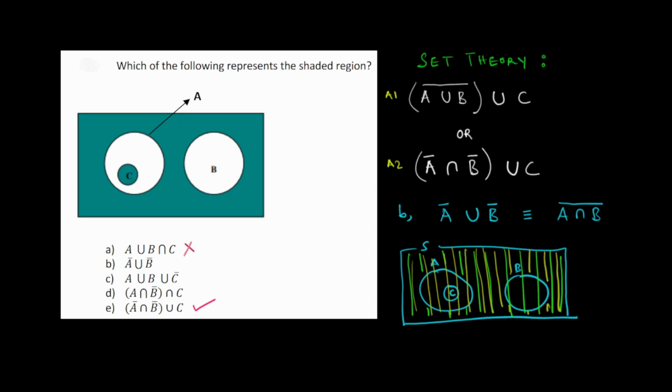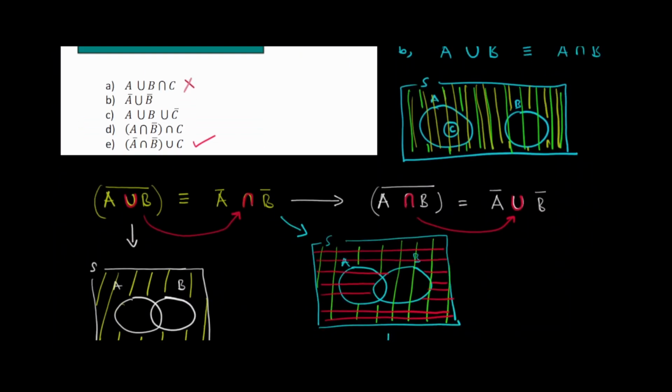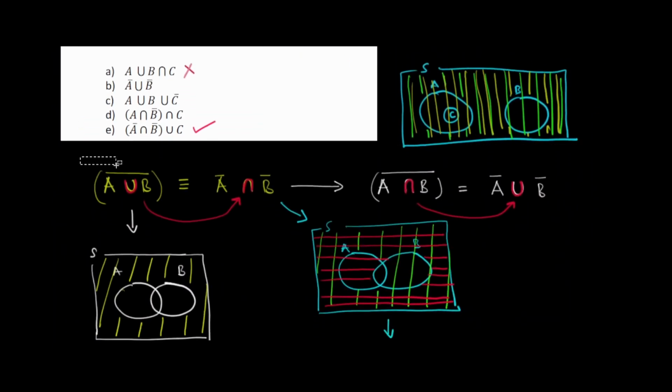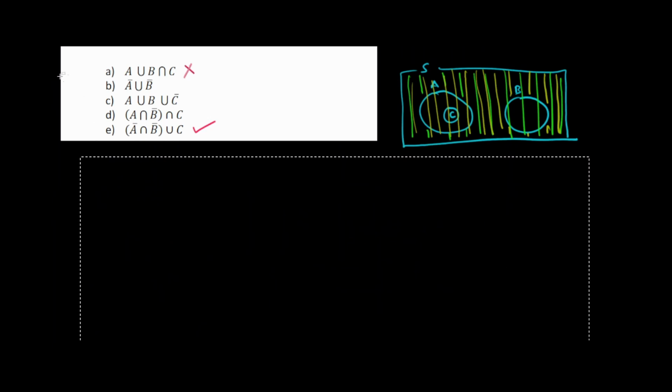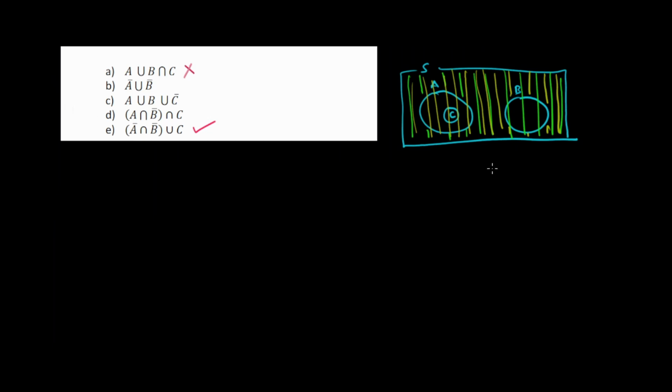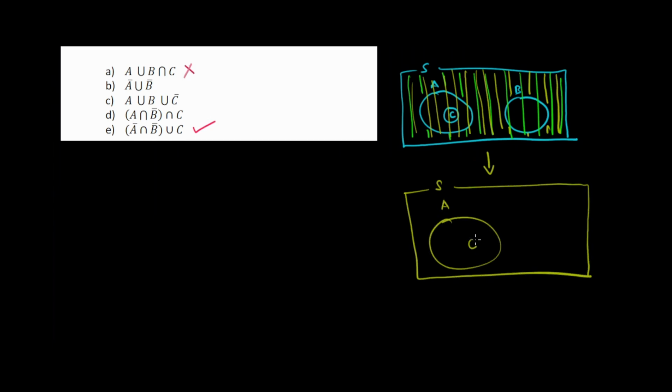If we want to represent this more neatly, allow me to remove this part. This then is going to be S, right? Then A, C, B. What it is going to be is more like this.